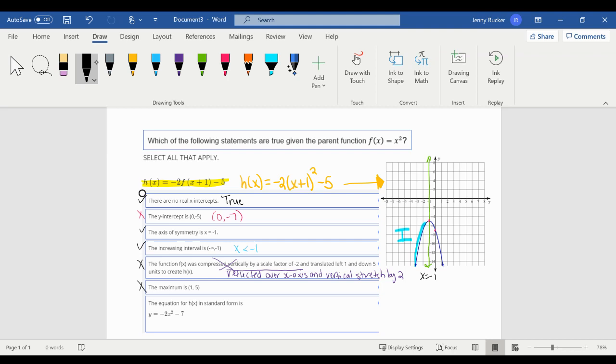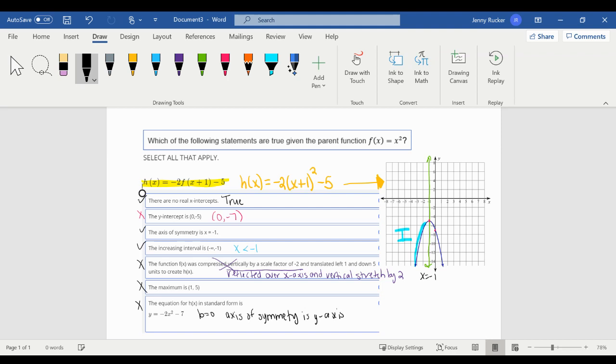The equation for h of x in standard form is -2x squared minus 7. Now, we could go through the process of FOILing out and multiplying out to get to standard form, but I can tell you immediately that this is false because here b is equal to 0, which would mean that the axis of symmetry has to be the y-axis.